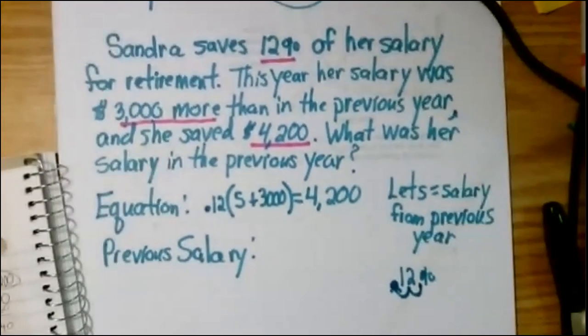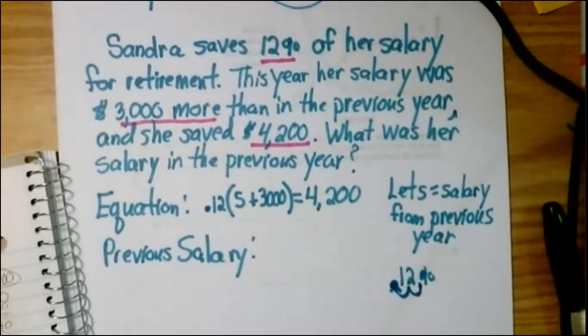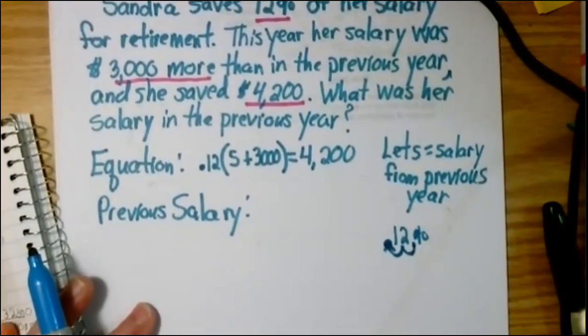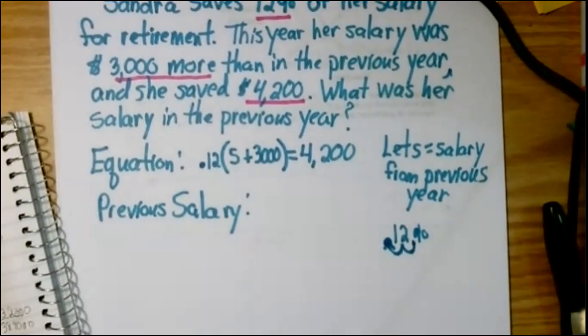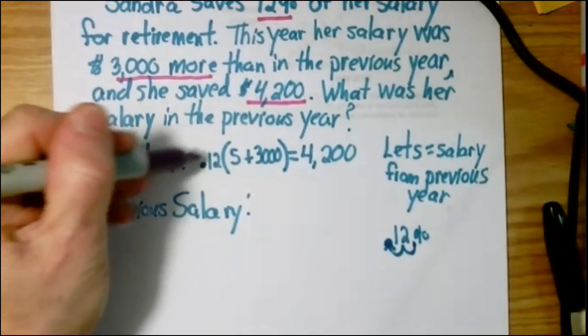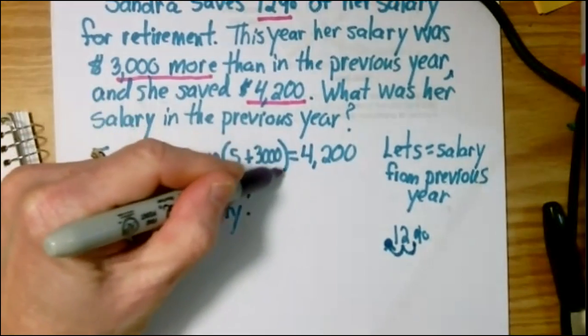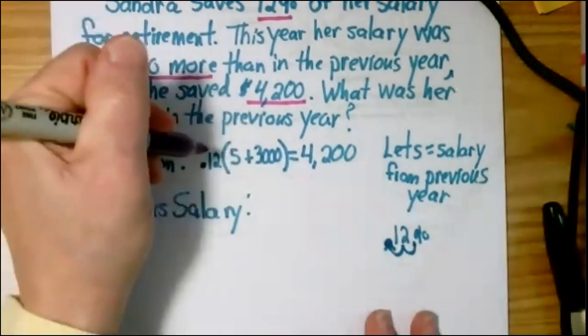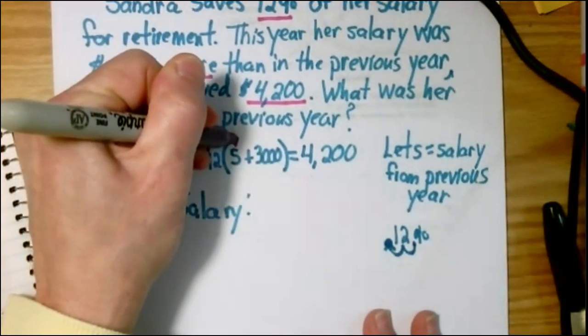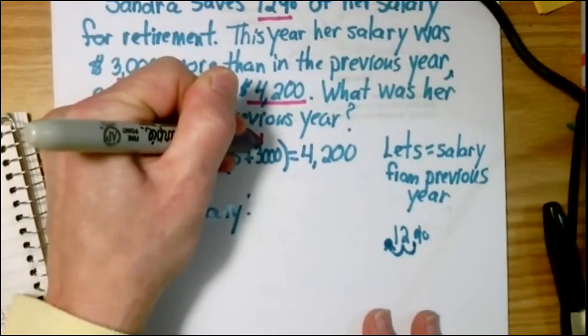So now it's a matter of solving the equation. So I'm going to slide a little bit over. So again, if you notice, we have a number in front of an expression in parentheses. That means we're going to have to use the distributive property.